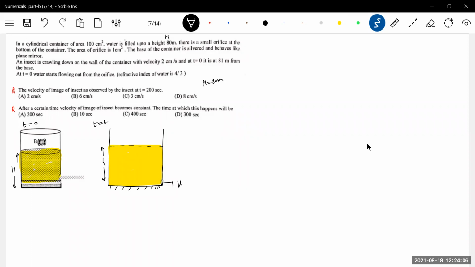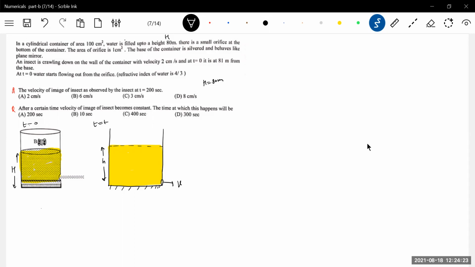So what are the equations? If you can remember the time taken for the level to become from H to h, if you know the formula of fluid dynamics, directly write the formula and you can save time, or else you have to derive.